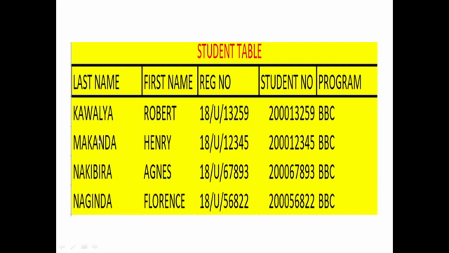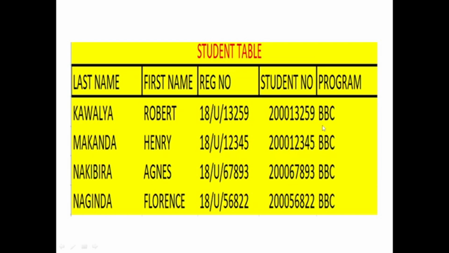Assuming we have a student called Kawalya Robert, having this registration number, this student number, but without a program, we can decide not to specify. That's what we call a null constraint.